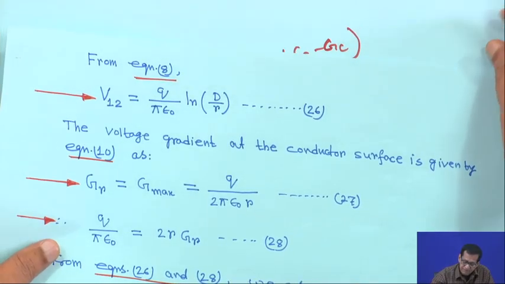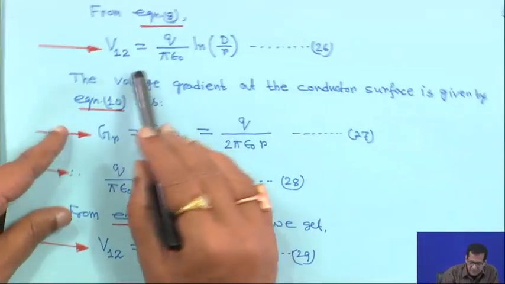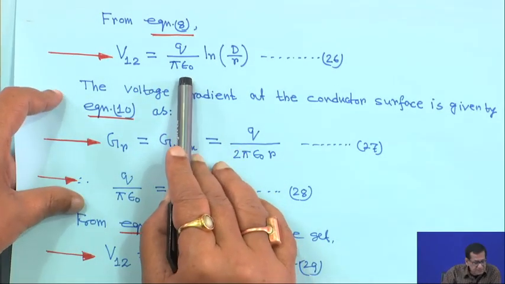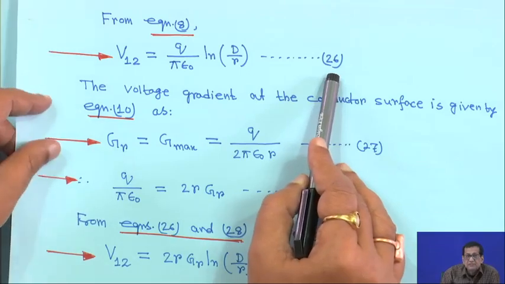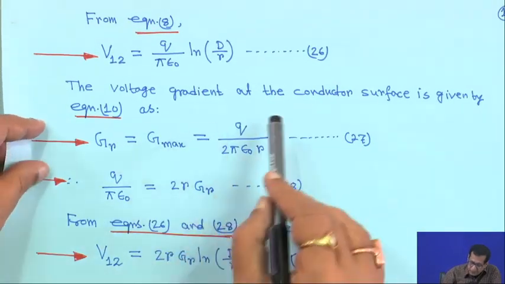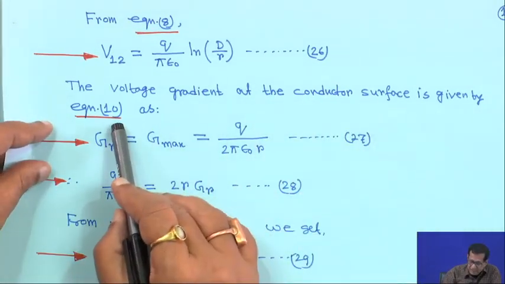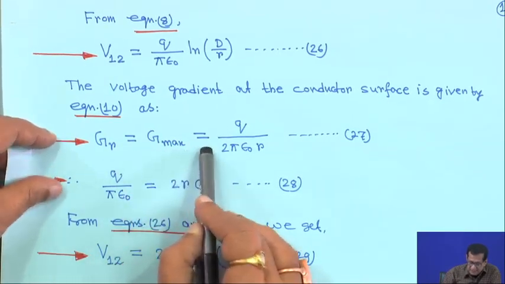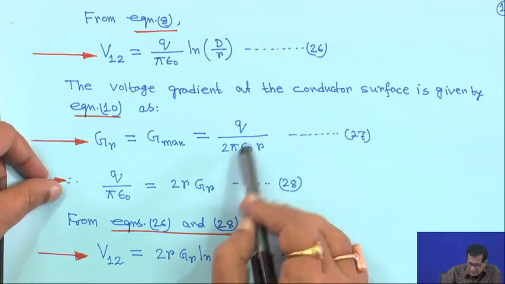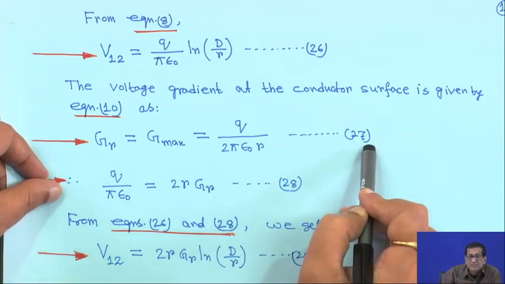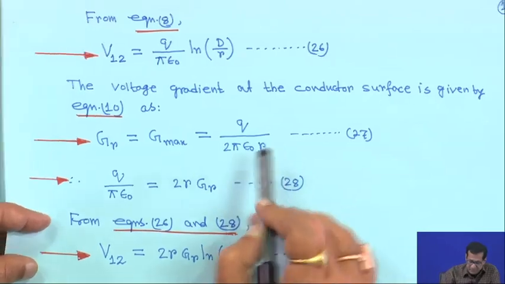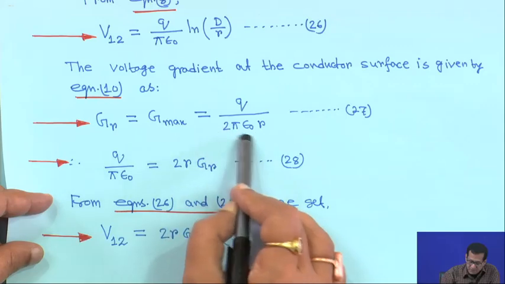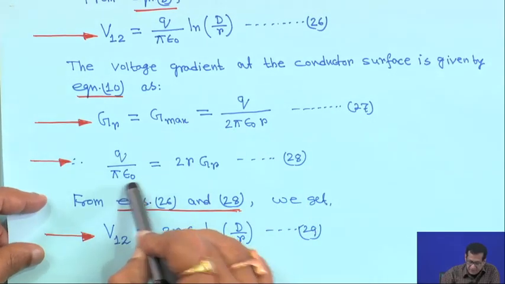Now, from equation 8 we have seen that for a single phase line, V12 is equal to Q upon pi epsilon 0 ln d upon R. This is equation 26. The voltage gradient on the conductor surface is given, from equation 10, as maximum Gr, that is G max at the surface of the conductor, is Q upon 2 pi epsilon 0 R. This is equation 27, or you can write Q upon pi epsilon 0 is equal to 2 R Gr.